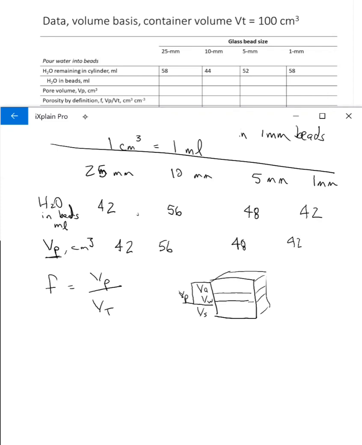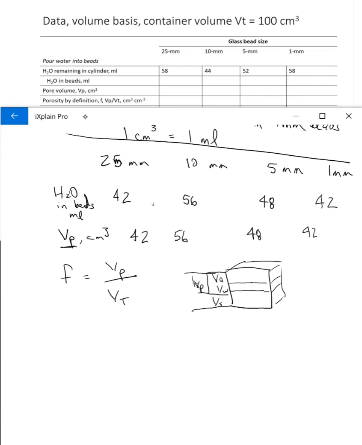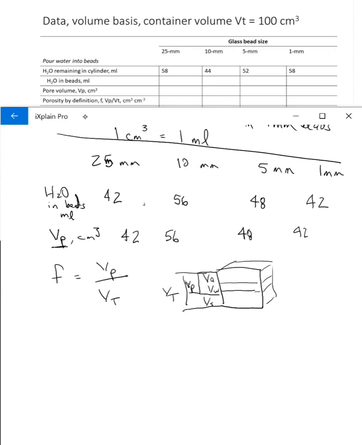And then we know that the total volume is the sum of the pores and the solids. At this point, we have to stop and think, okay, what is porosity? Well, it's the volume of these pores, the relative volume of the pores, to the total volume of the container.